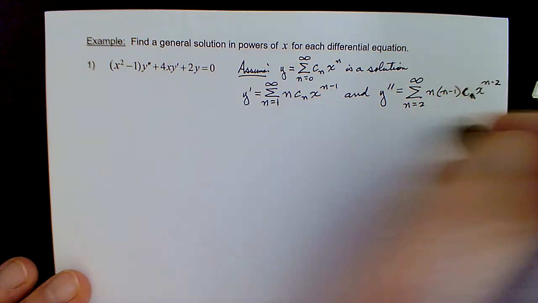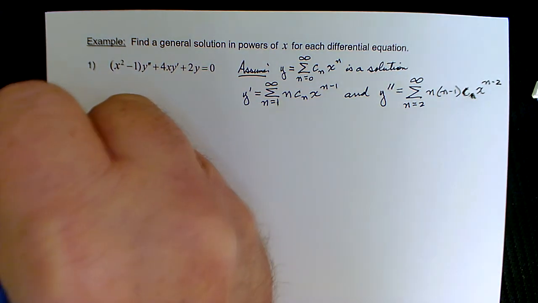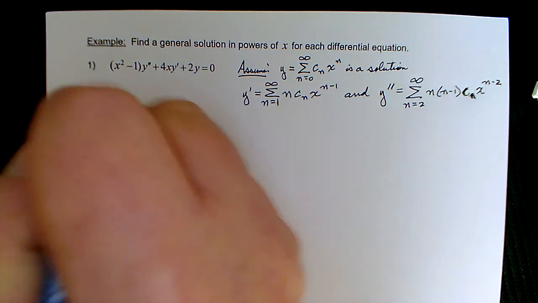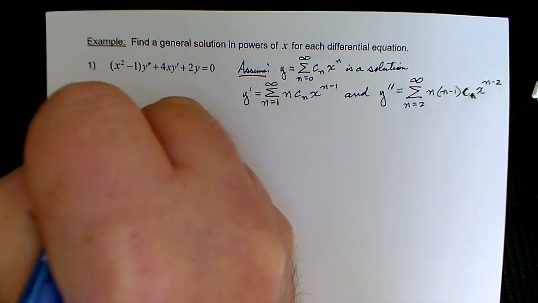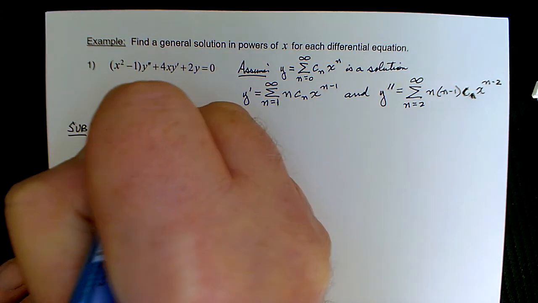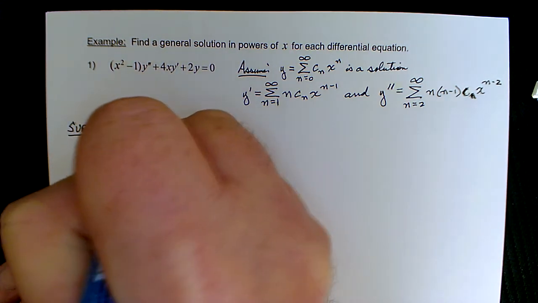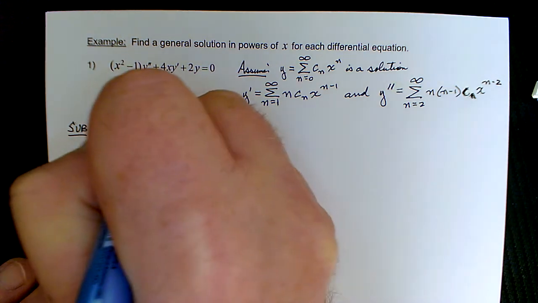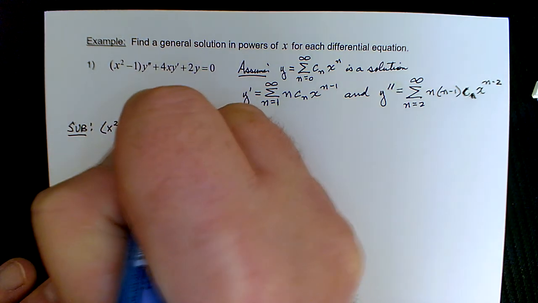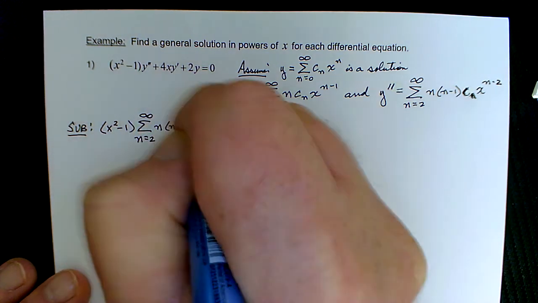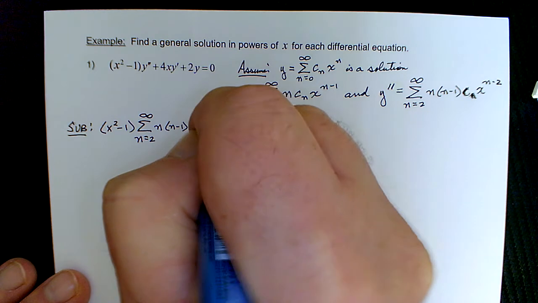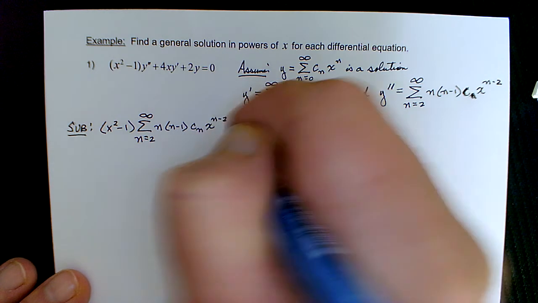Okay, so then we make our substitution. So same as before, okay, we're going to leave this x squared minus 1 out in front. This becomes the sum as n goes from 2 to infinity of n times n minus 1 c sub n x to the n minus 2.